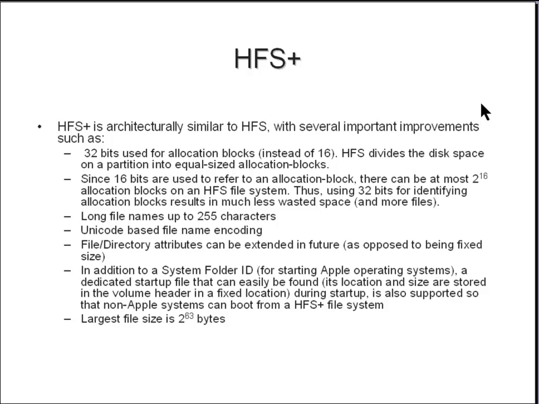Now you can have long file names up to 255 characters, and you recall when Windows got that capability. That was with the virtual FAT, which is Windows 95 OEM, OSR2, I think that's right. And so you can have long file names under HFS. You can also now have Unicode-based name encoding.